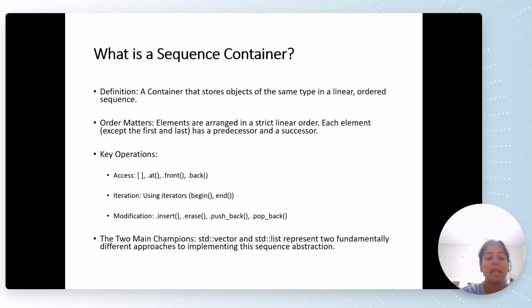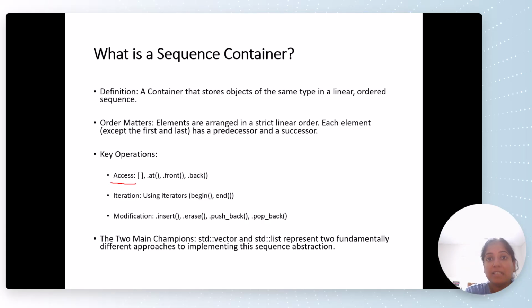Now, since the elements are linearly arranged, each element except the first and the last has a predecessor and a successor. Some of the common operations which we use on all of these containers: access.